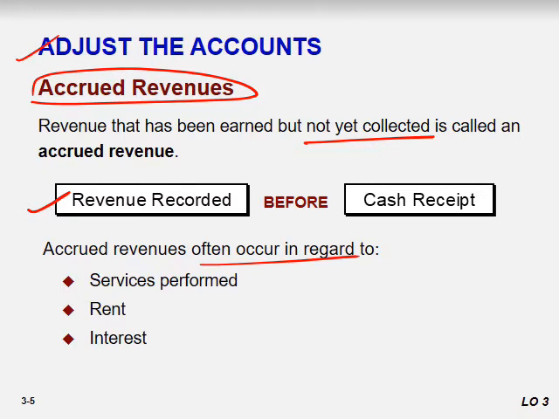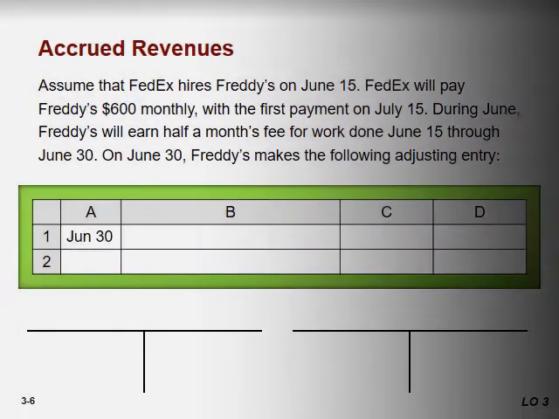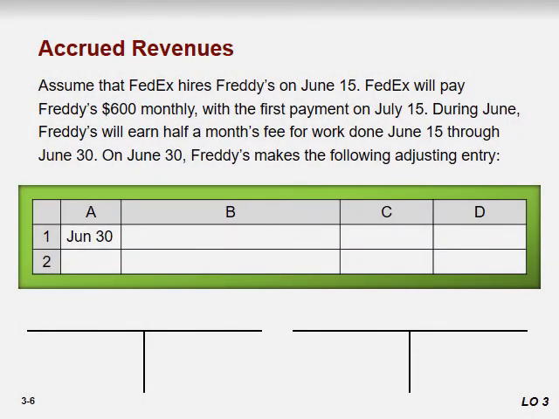Accrued revenues often occur in regards to service performed but cash is not received, rent and interest, rent income or interest income. Interest occurred but you did not receive the interest yet. So let's do some illustration.